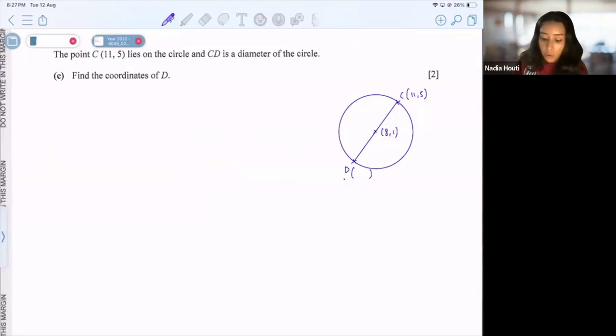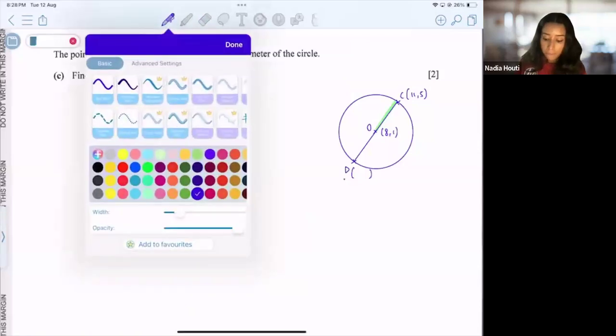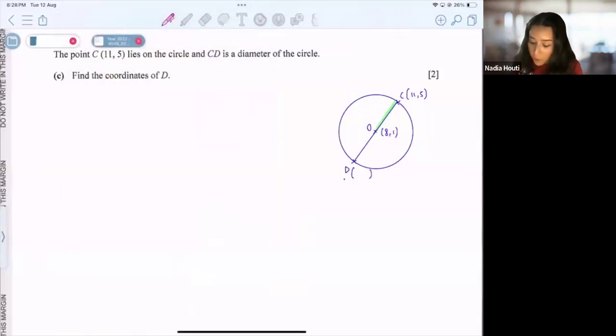So not only is the length here, let's call the center of the circle O, not only is CO equal to OD, we already know that because those two are the radii of the circle. But not only that, if I were to draw a right angle triangle, so a line down vertically and a line down horizontally, this is a right angle triangle.